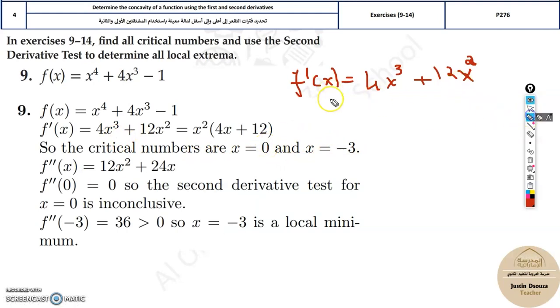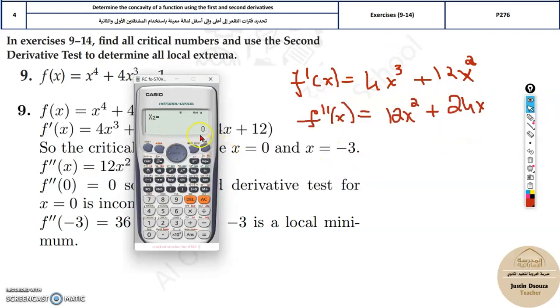Now you need to derive it again. Let's do the derivation. f double dash of x, it'll be 3 times 4 is 12x squared plus 24x. Now all you need to do is substitute these critical numbers over here.